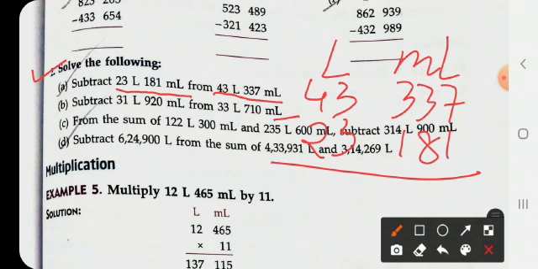Common subtraction, simple subtraction sum. 7 minus 1 is 6. 3 is a smaller digit, so we will carry 1 from here and take away 1 from here, and it is 2. So 13 minus 8 is 5 and 2 minus 1 is 1.